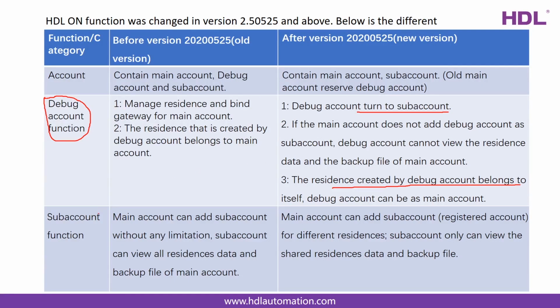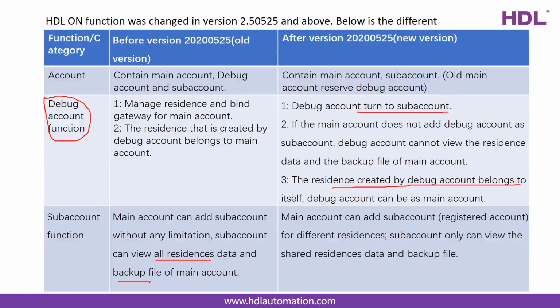Okay, and for the sub account function, before, the main account could add sub accounts without any limitation, and a sub account could view all residence data and the data file.